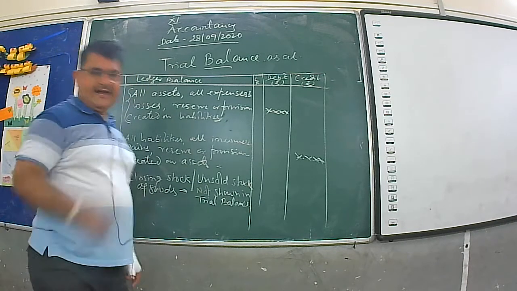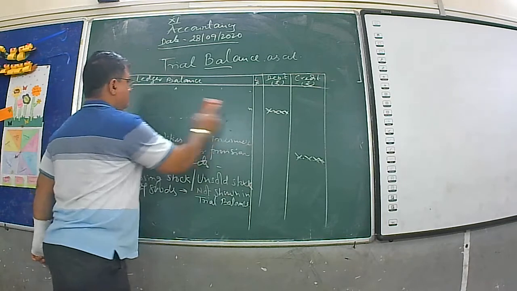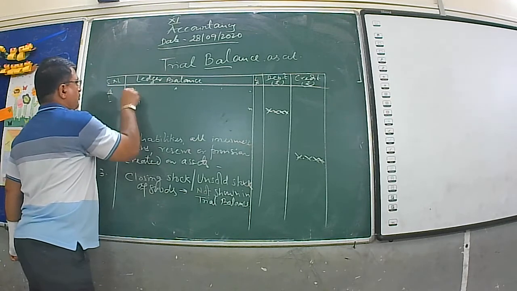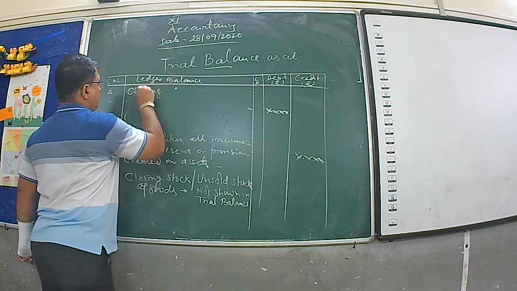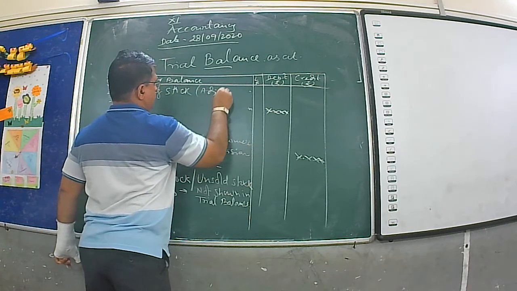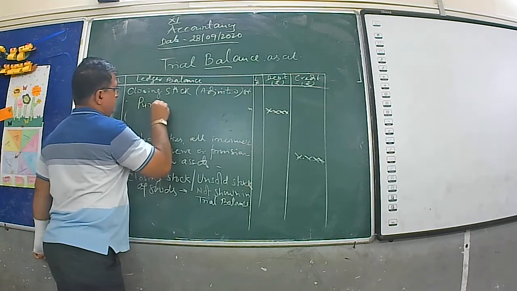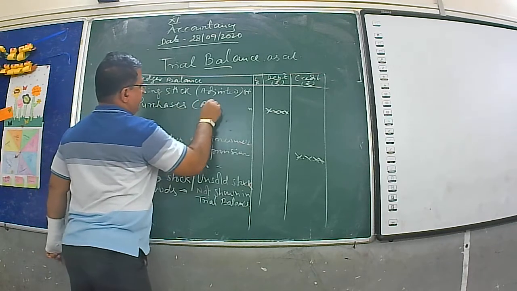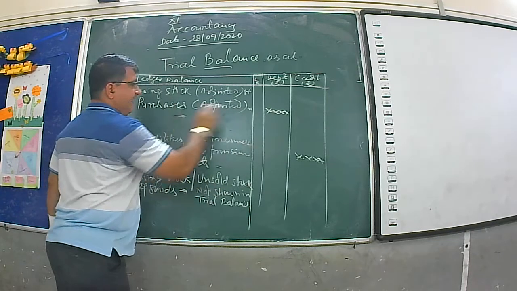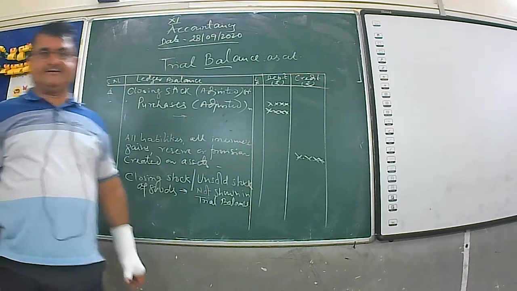But if it is given that closing stock is in brackets adjusted, or purchases in brackets adjusted, then it will appear on the debit side of the trial balance.